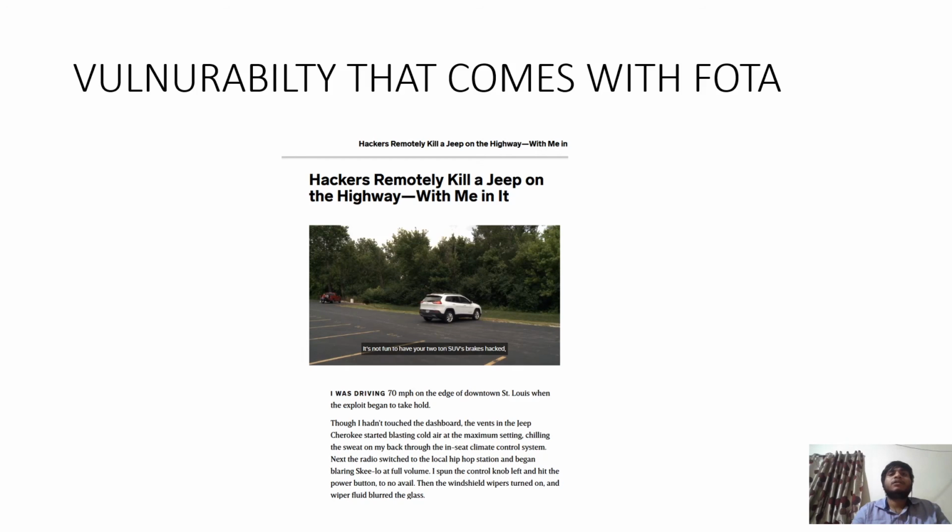Two hackers in the US took down a moving car that had a FOTA system for its infotainment system. There was a bug that let them do this. So you have to always be careful about how this is implemented.